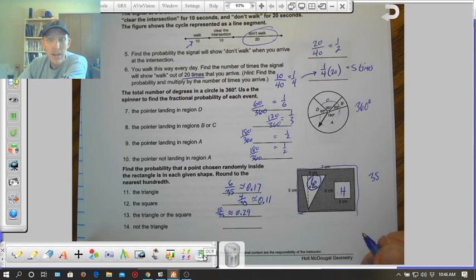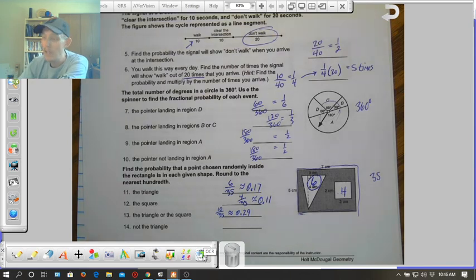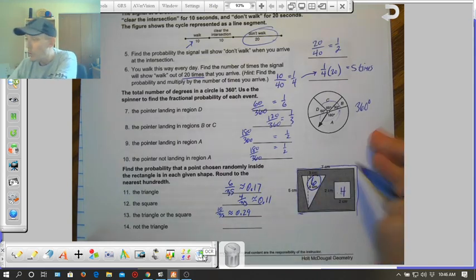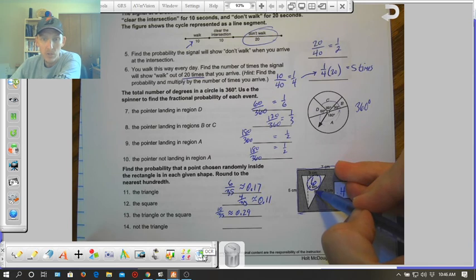And then finally, not the triangle. Not the triangle would be everything else. So I am going to take the entire thing, which is 35, and take away the triangle, which is 6.